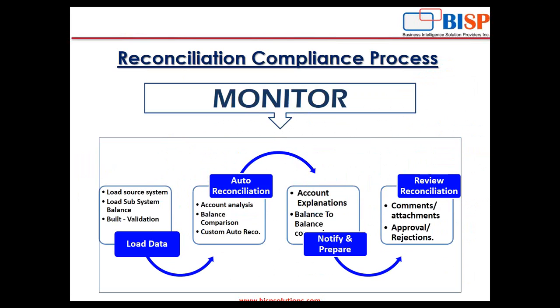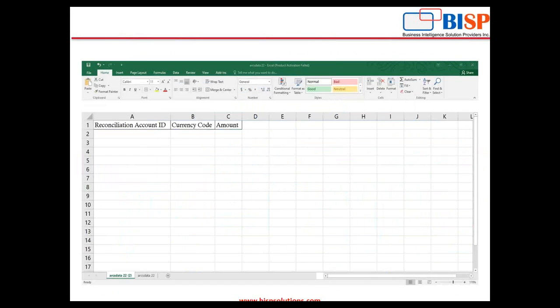You can just log in with your ID and password and have visibility into the reconciliation process: where it is pending, either with the preparer or with the reviewer, what has been assigned, what attachments have been attached, and any comments that have been passed. So even if communication between the teams is not possible, real-time visibility is still there under Oracle ARCS.